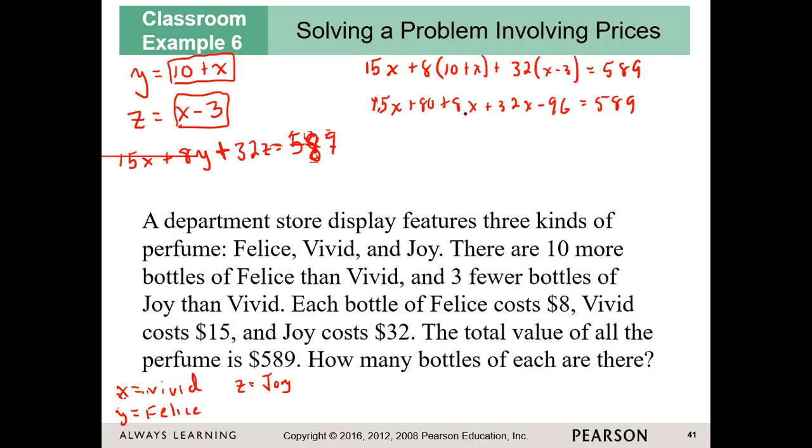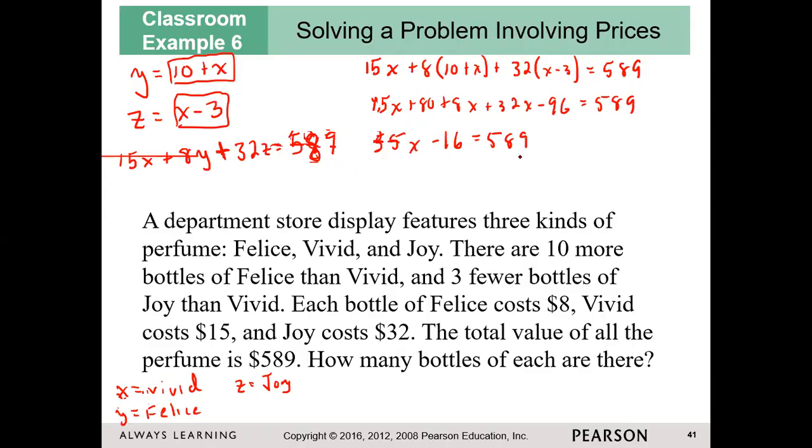So let's start to combine all of our like terms. This is going to be 40x, so that's 55x minus 16 is equal to 589. And now I can start to solve this equation.